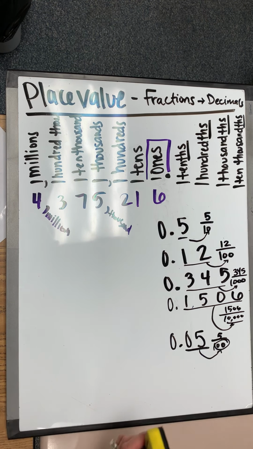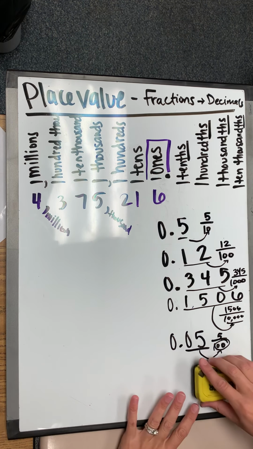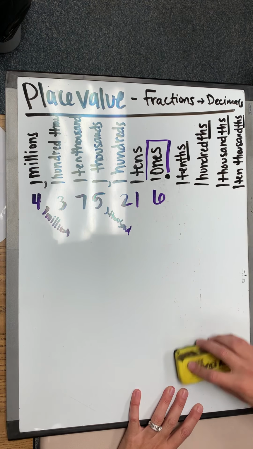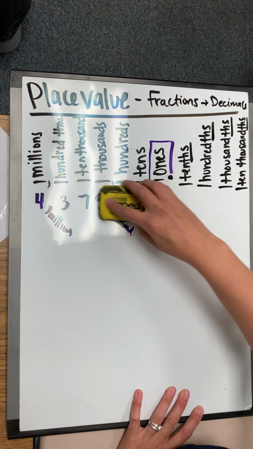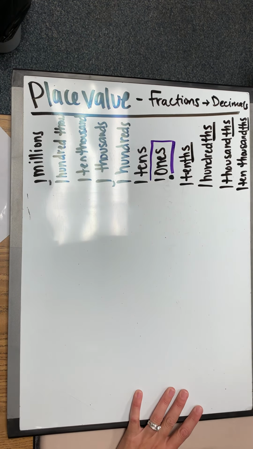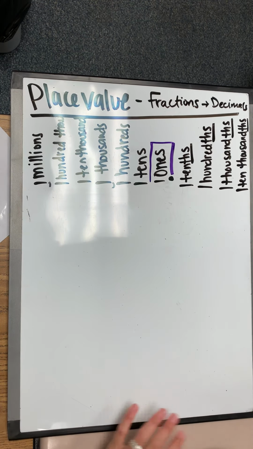Now, let's talk about working with fractions and getting them to decimals and mixed numbers. So we know, and I've been having you guys do this, we know that we can take 3 1/2 and get it into a mixed number.